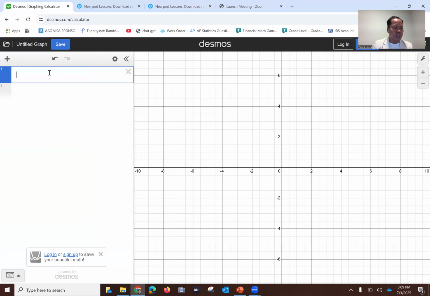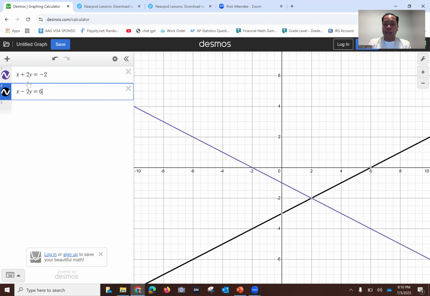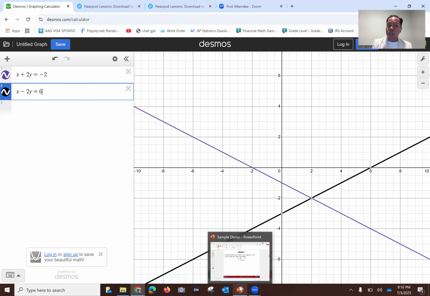Let's check their observation. So their problem is x plus 2y is equal to negative 2, and the second one is x minus 2y is equal to 6. So as you can see, the two lines intersect at 2, negative 2. I like the way they answered that the slopes and the y-intercepts are different.